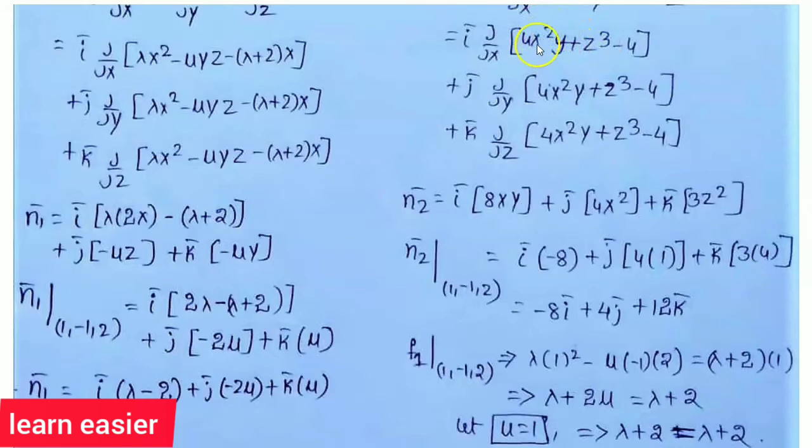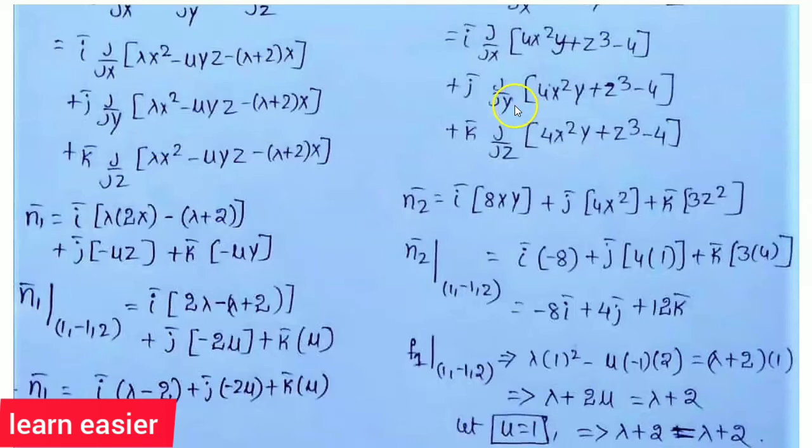Here we have the x term, so the derivative of x square is 2x, so 2x into 4y is 8xy. Here we have no x term, so this term becomes 0 after differentiating, so 8xy is all we have. With respect to y, the derivative of y is 1, so 4x square into 1 is 4x square, and the other terms become 0, so we get only 4x square.